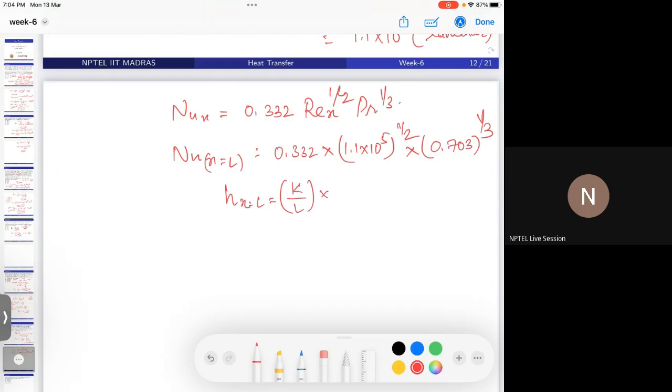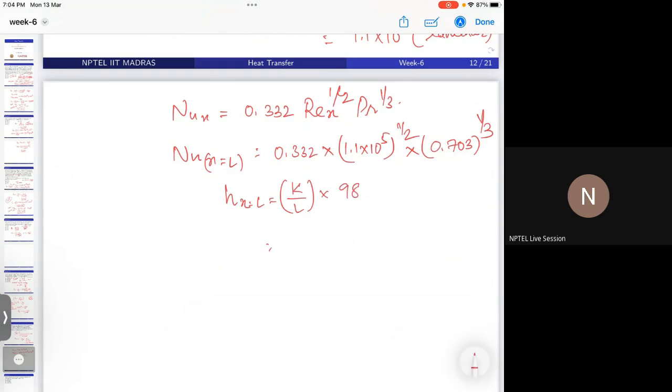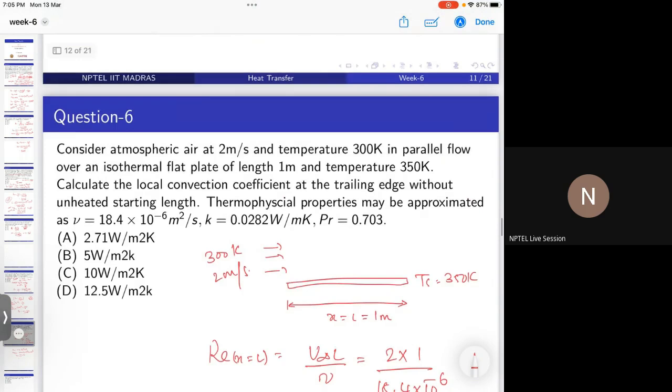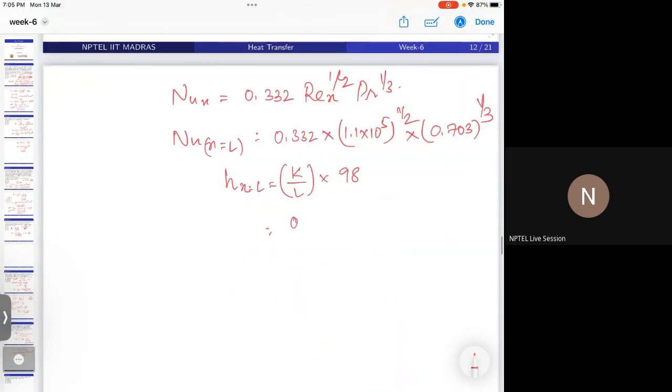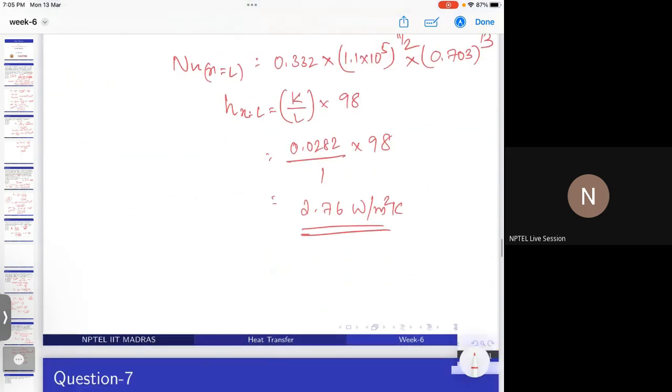What is the h x? k is 0.0282. 2.76 watt. Okay. So this is a normal question that we have already done.